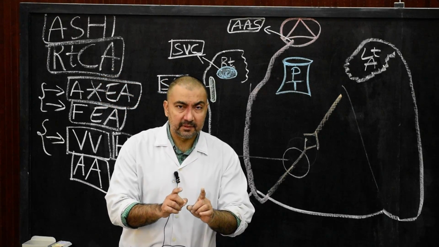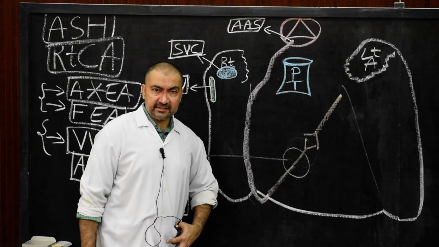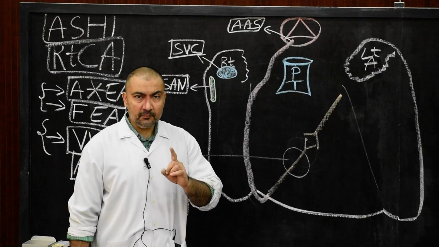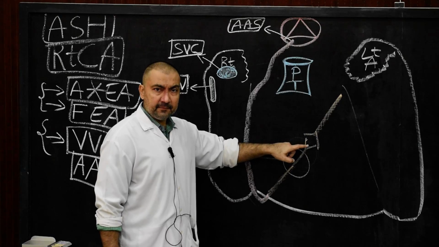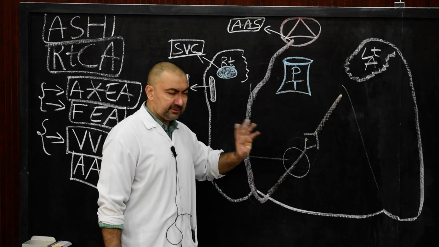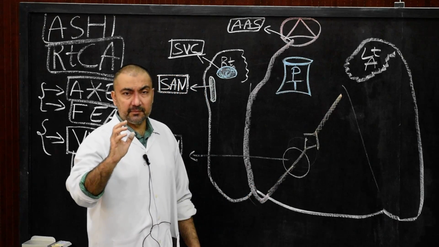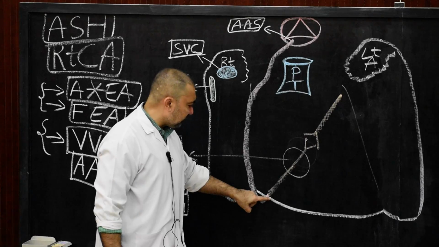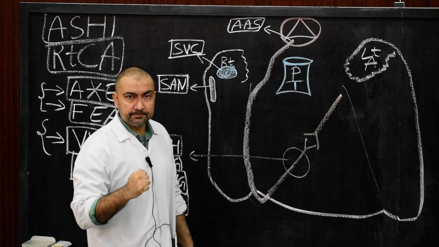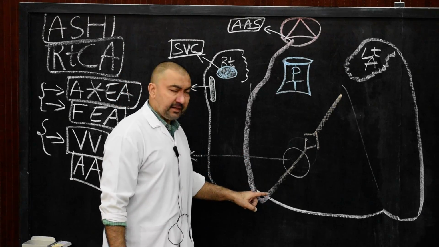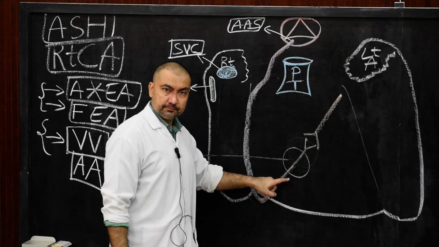Now here, please pay attention. In 60% of the cases, the right coronary artery will anastomose with the left coronary artery slightly to the left of the crux of the heart. In 10% of the cases, the right coronary artery will end at the inferior border itself. Another 10% of the cases, it will end between the inferior border and the crux.